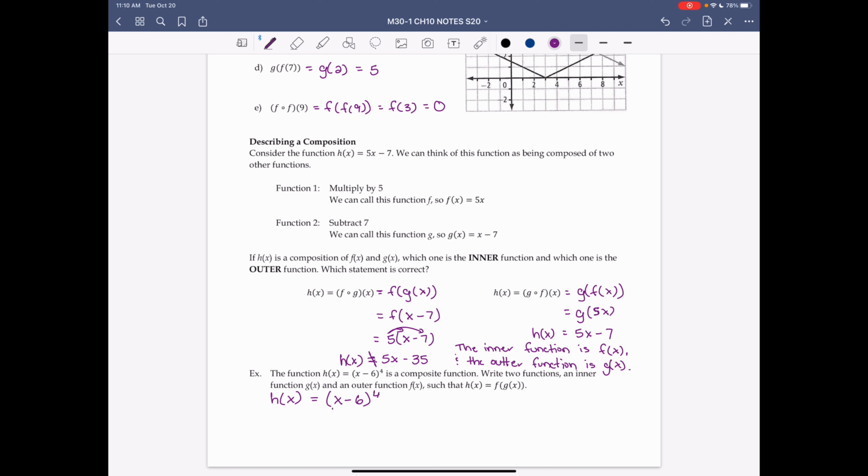If we had this as just x, so one function is x to the power 4 and another function is x minus 6, then we have substituted x minus 6 into another function x to the power 4. So we can make our two functions f of x equals x to the power 4 and g of x equals x minus 6. And then we just have to decide on the order.